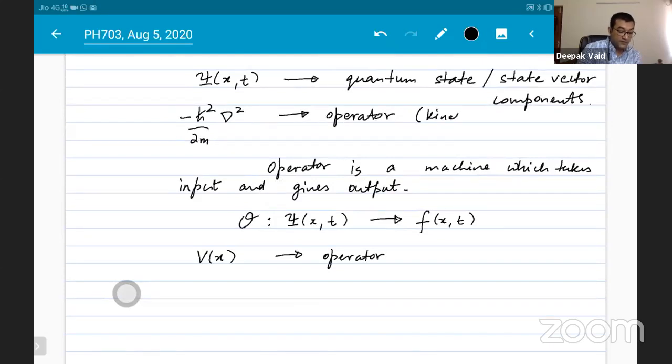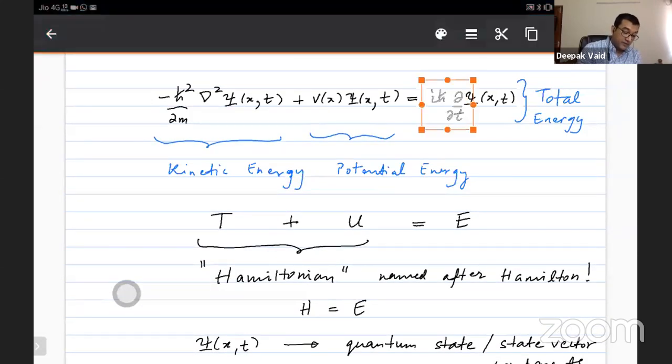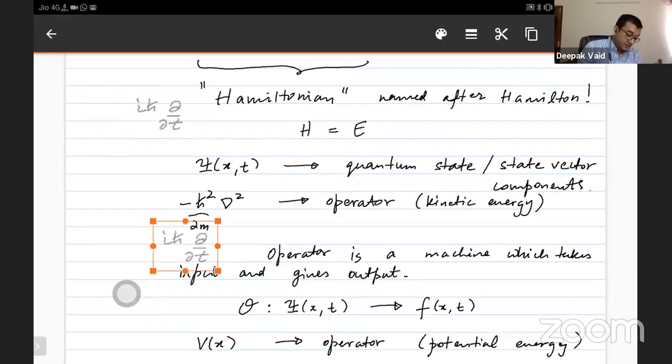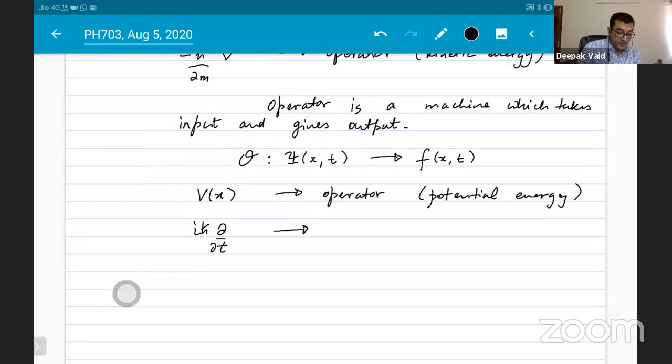So this is the operator for the kinetic energy, and this is the operator for the potential energy, right? And then finally, we have this guy. This is also an operator, but now it's an operator for the total energy of the system.